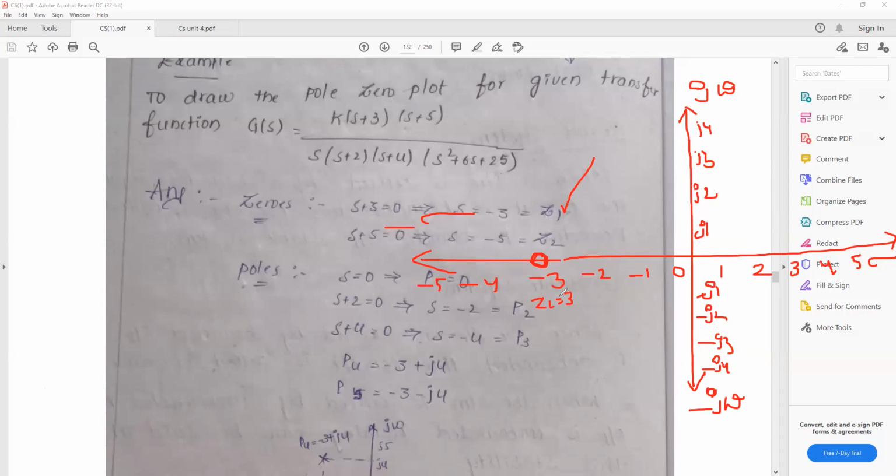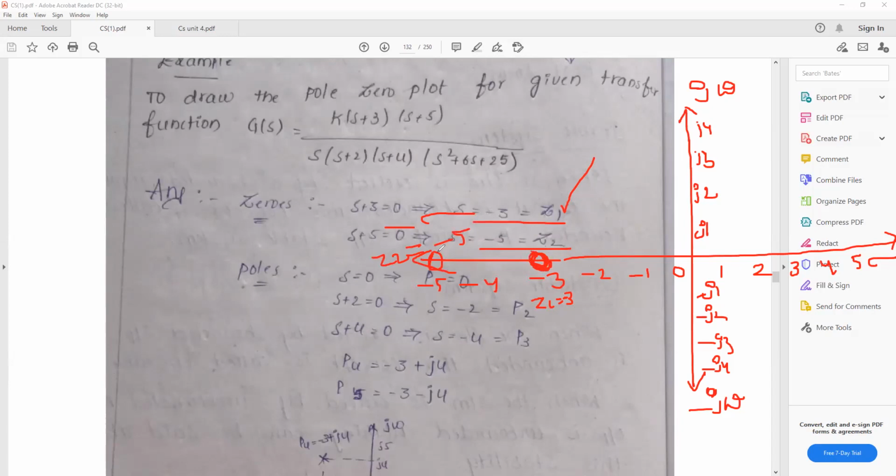And the second zero is -5, so z2 is equal to -5. This is the location of the poles and zeros plot. First z1 -3, z2 -5. Zeros are indicated by a dot symbol.